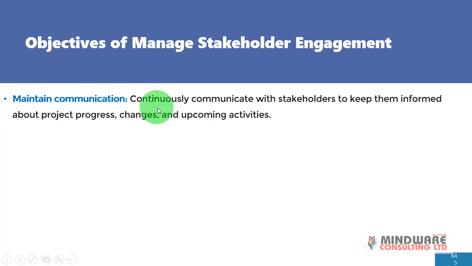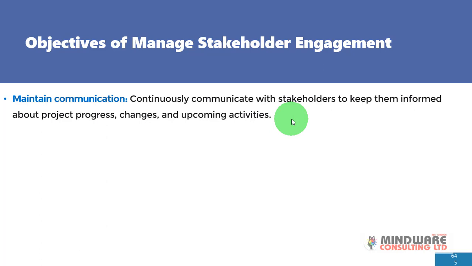So maintaining communication has to do with continually communicating with stakeholders to keep them informed about the project progress, changes, as well as upcoming activities. So they have to be in the loop.